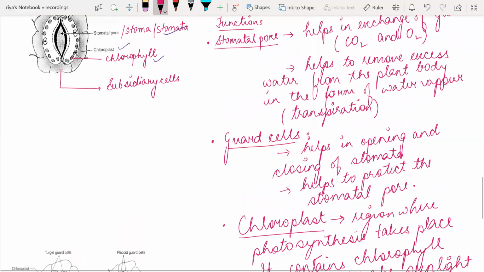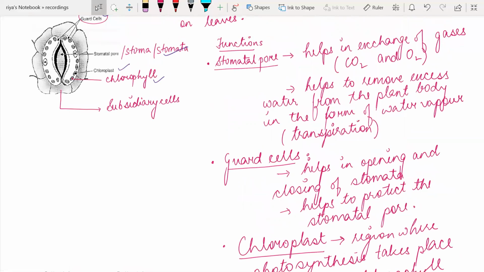If you look at the diagram, we can clearly see that guard cells are those areas where these chloroplasts are present. So for guard cells' function, you can also mention it contains chloroplast, which plays an active role in photosynthesis.